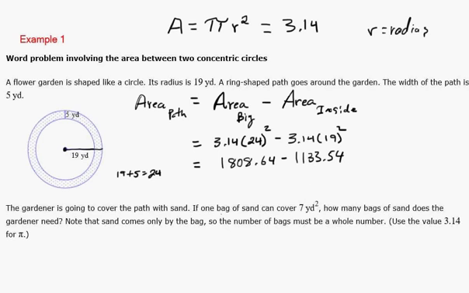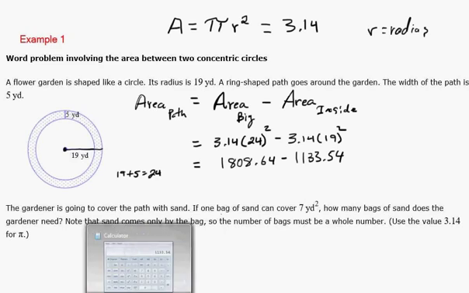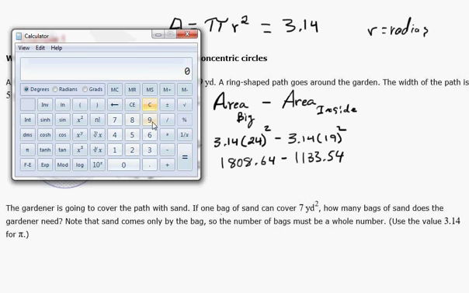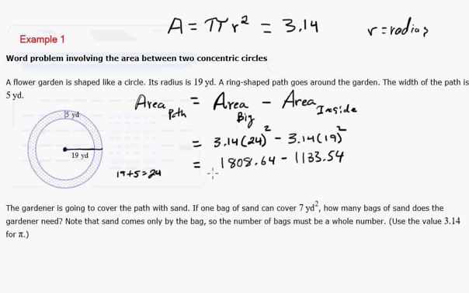Back to the calculator: 1808.64 minus 1133.54 equals 675.1.